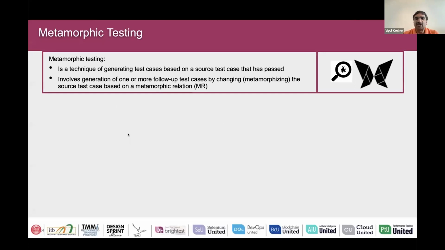Metamorphic testing. A testing technique where you look at the outputs, try to find a relation between the input and the output, because you don't know what the expected result would be. You don't have an oracle. So what do you do? You say, for this input, this is the output. Verify that this is correct. If I verified that this is correct by some means, then if I change the input in some way, I understand how the output should change.